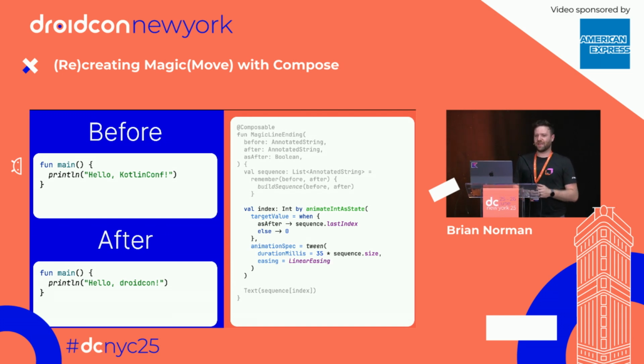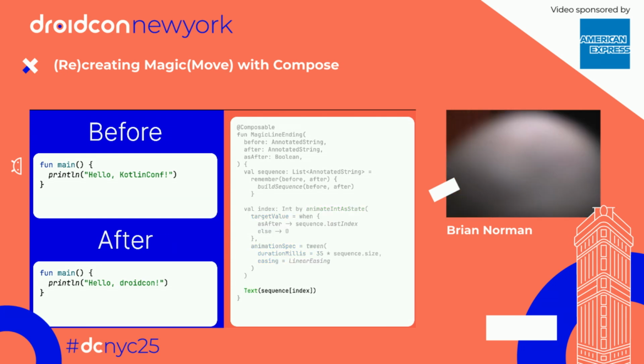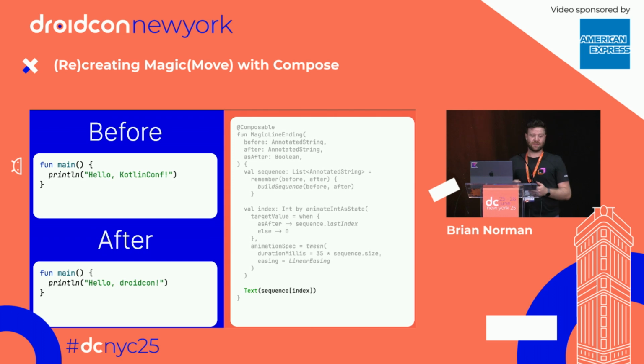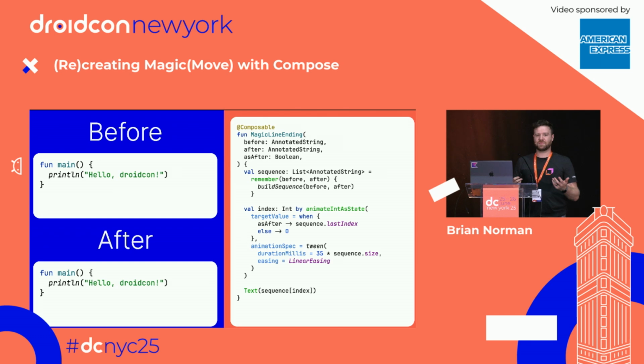You give it an animation spec where you want a 35 millisecond difference for each character and some linear easing, and then you just render this. It's that simple. If you look on the top left, we can see what this looks like, and it's something simple like that, right? See it backwards. Okay, that's cool. That's a start.